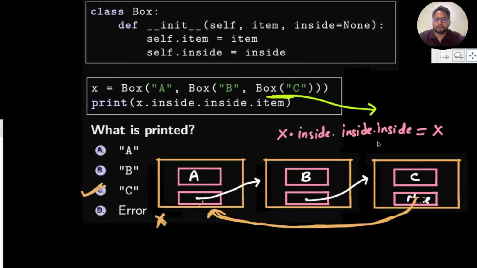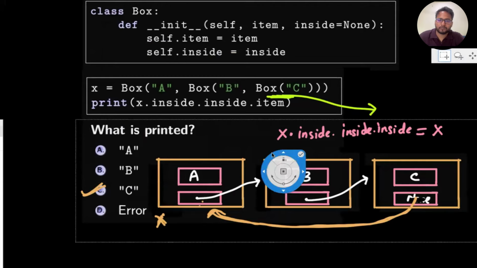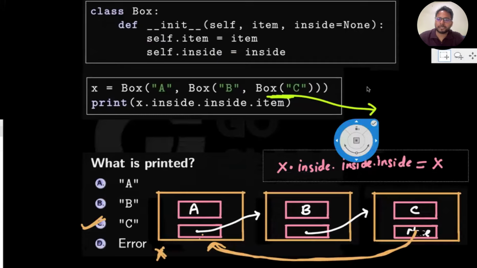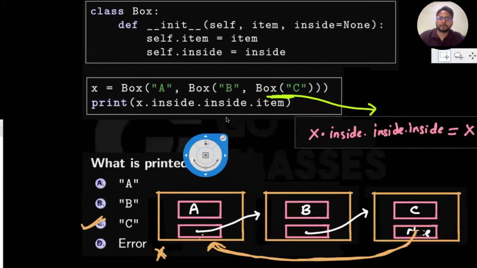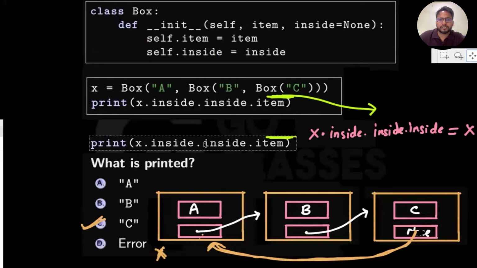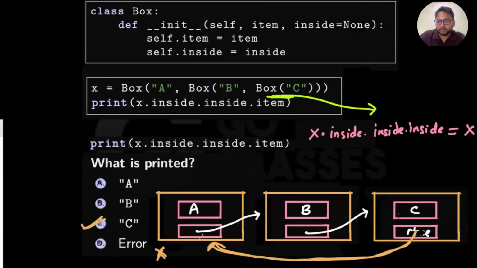I write this line here, and then suppose I print X dot inside, dot inside, dot inside, and let's suppose I do one more time dot inside, and then item.